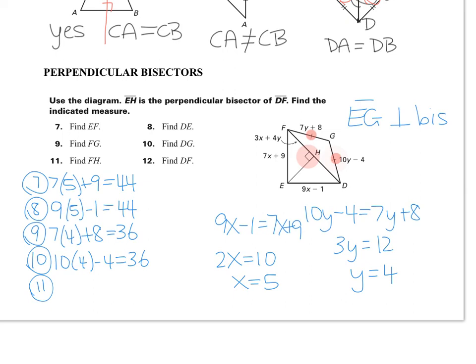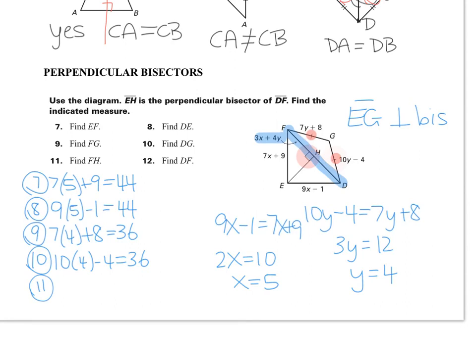11, FH. FH I can see is actually, I'm going to make it that whole length, FD, so let's just clarify some things here. So this is this whole length.